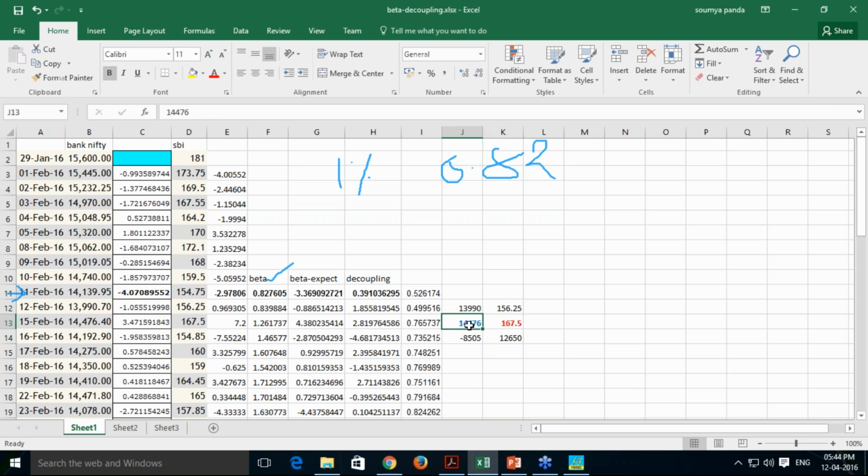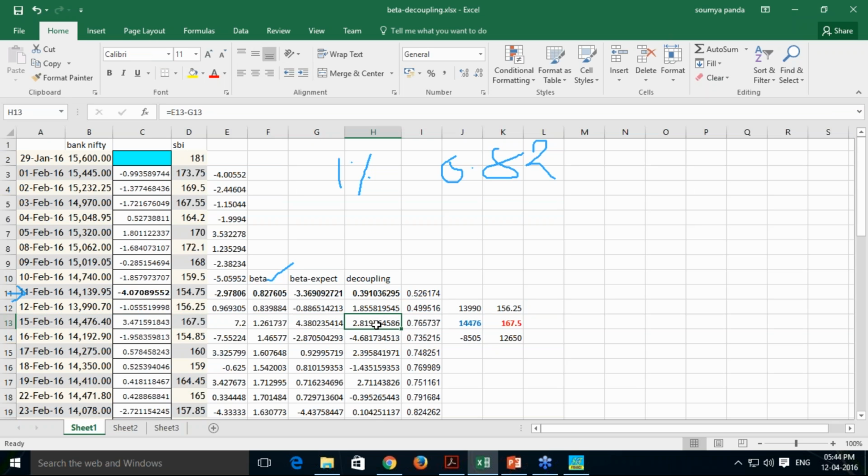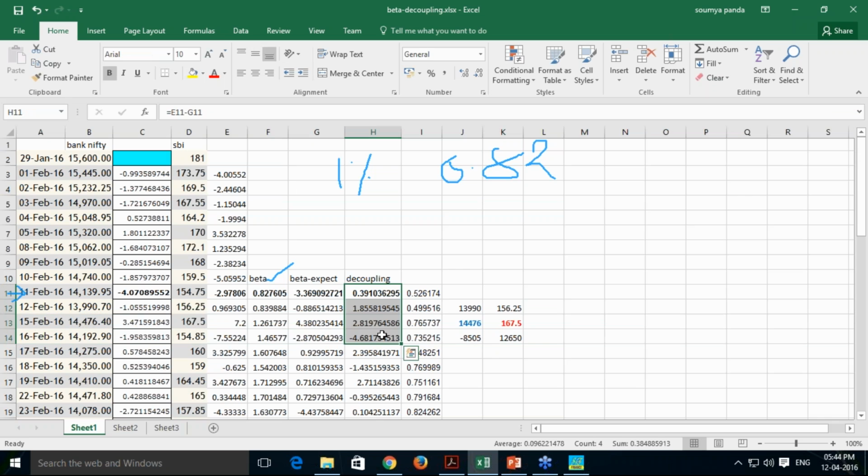So the next day it has moved up here, and your beta decoupling also expanded, and only on the 16th February this expansion of beta decoupling, which went from 2.24 after you initiated the trade to 5.06, has reduced by 4.68%.